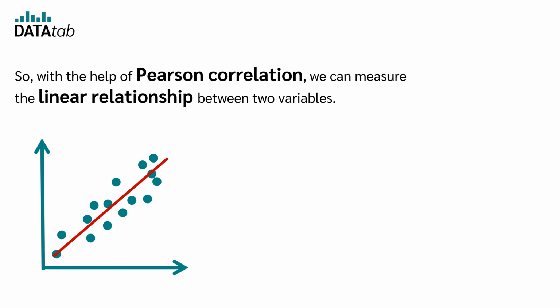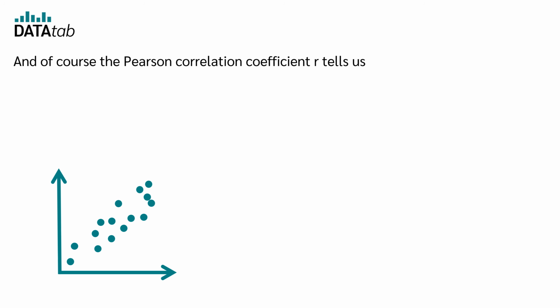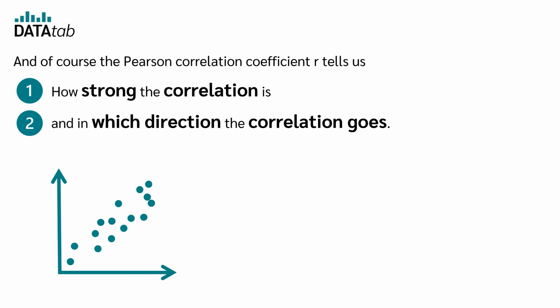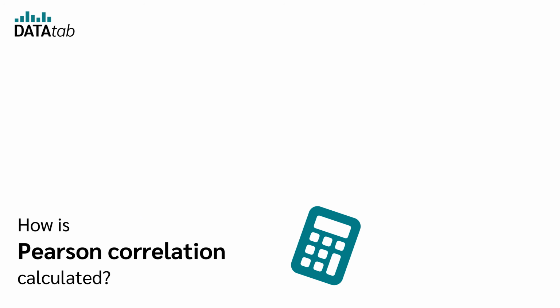So with the help of Pearson correlation, we can measure the linear relationship between two variables. And of course, the Pearson correlation coefficient R tells us how strong the correlation is and in which direction the correlation goes. How is Pearson correlation calculated?